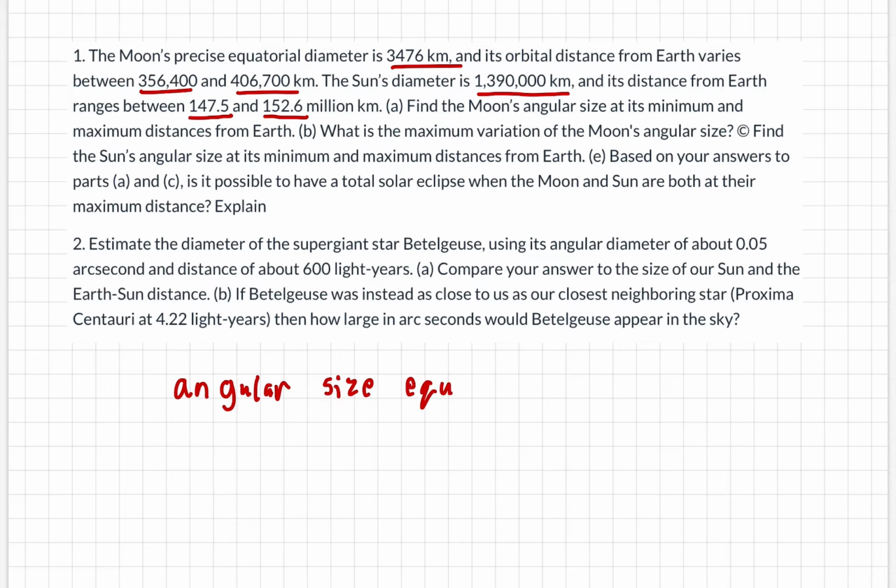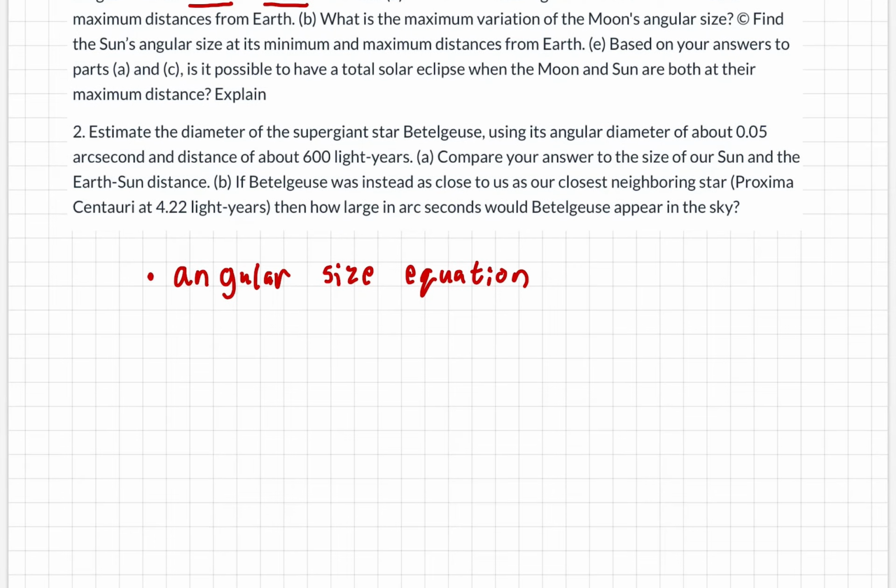Angular size is measured in radians, so not degrees, at least not in the equation that I'm going to give you. You could easily convert from degrees back to radians, but we don't need to in this problem, so let's not talk about it. You can look that up on your own if you're interested. Angular size is measured in radians.